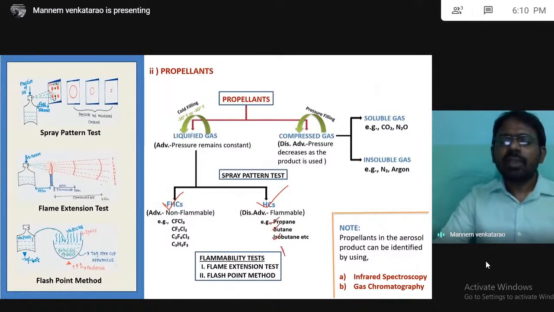Simply, these are paraffins, saturated hydrocarbons, also called alkanes. These alkanes are examples of hydrocarbons.